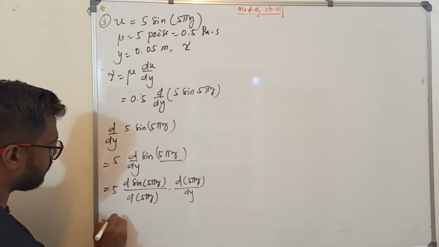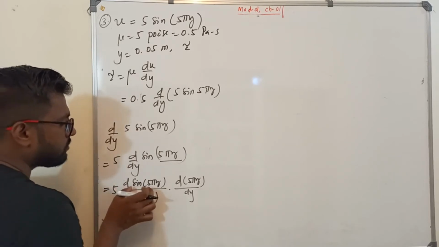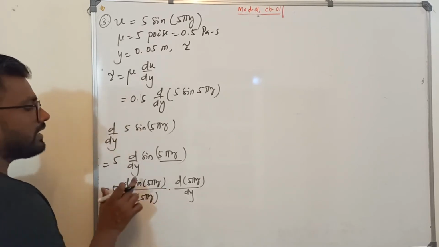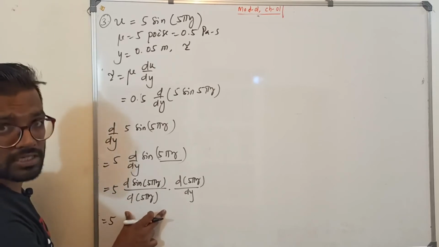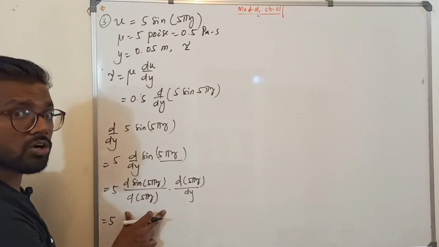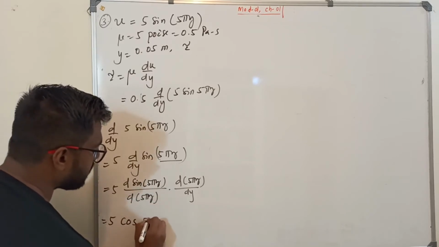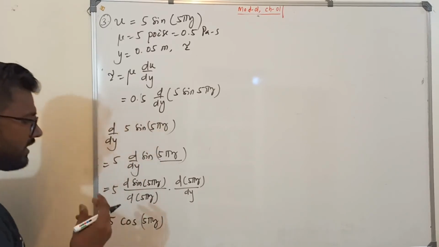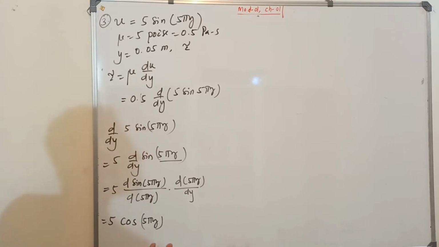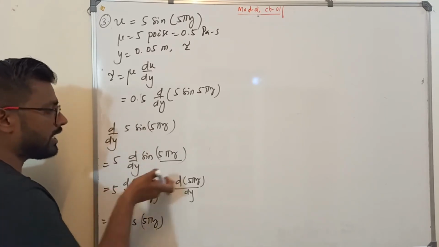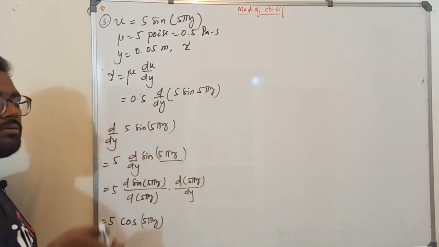Now this you can write in terms of d sin theta by d theta. What is d sin theta by d theta? Cos theta. So 5 cos theta. What is theta here? 5 pi y is theta. If suppose 10 pi y is there, again here it will be 10 pi y.